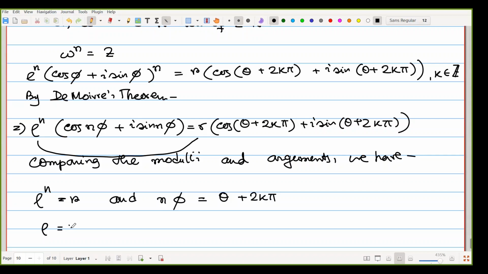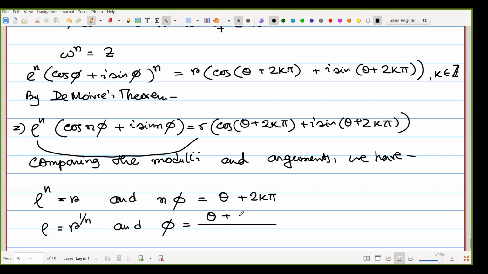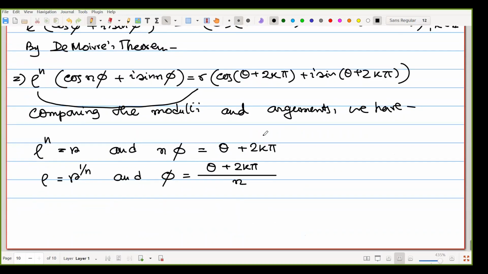Hence rho is equal to r to the power 1 by n. And from here, phi is equal to, dividing by n, theta plus 2k pi by n. In both cases, k belongs to z, the set of integers.